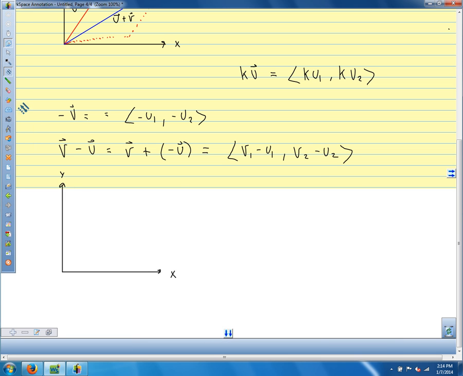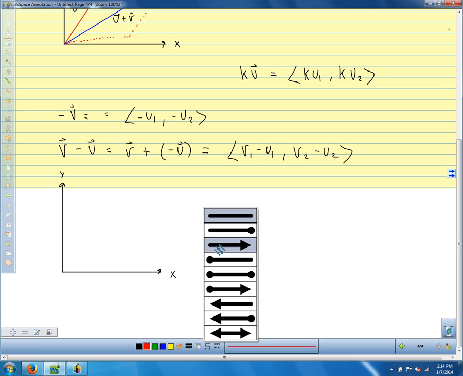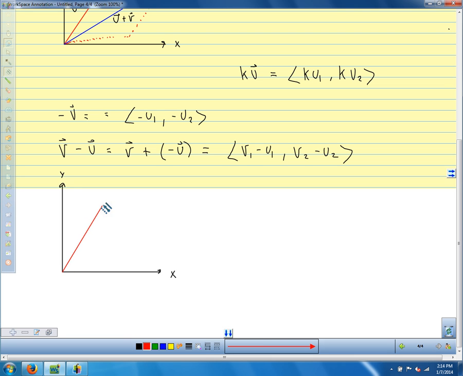When we subtract them, tail to tail. So if this is v, and that's u, this vector is going to be v minus u.